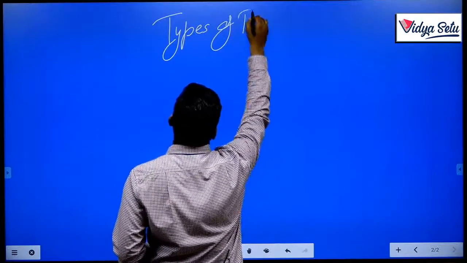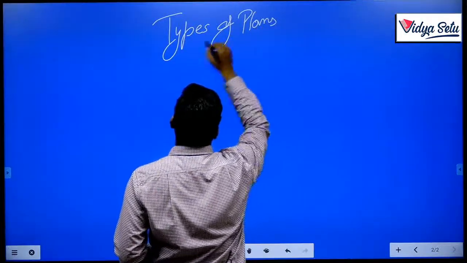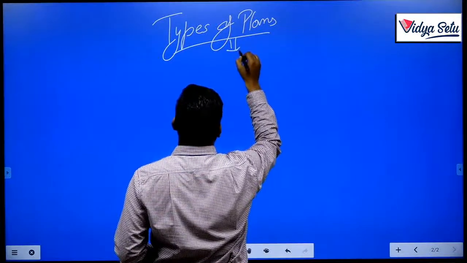Types of plans are generally divided into two categories.